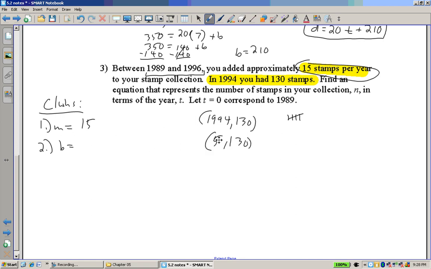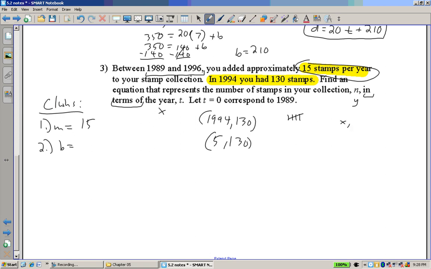Now, I just assumed that they should be in this order. Really, we need to confirm to make sure that this is in the correct order, 5, 130. In terms of, there's my "in terms of." What's behind the "in terms of" is my x. What's in front of it is the y value.